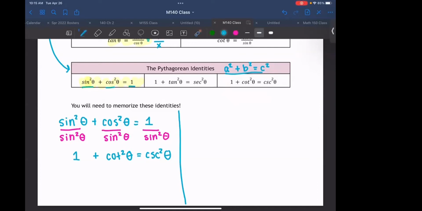Let's talk about doing it in a different way. Let's say we still start out with sine squared plus cosine squared equals 1. How about instead of dividing by sine squared, I divide by cosine squared.